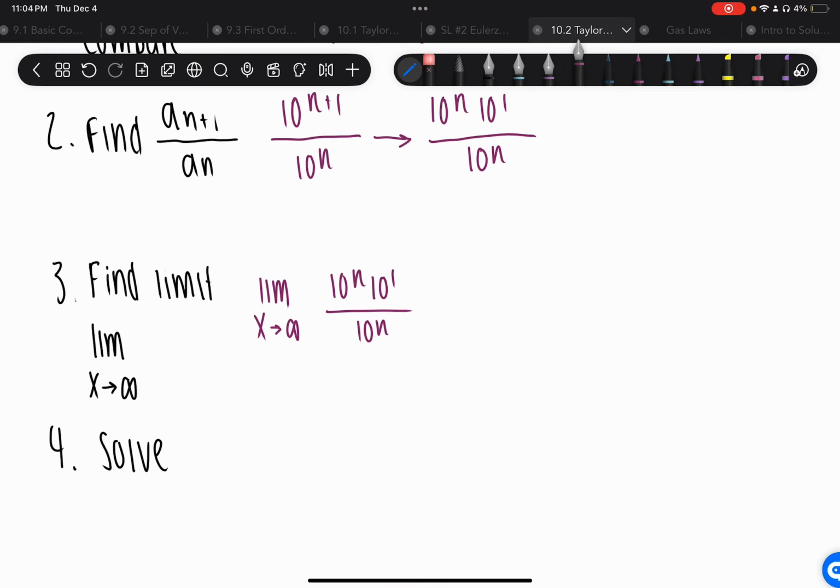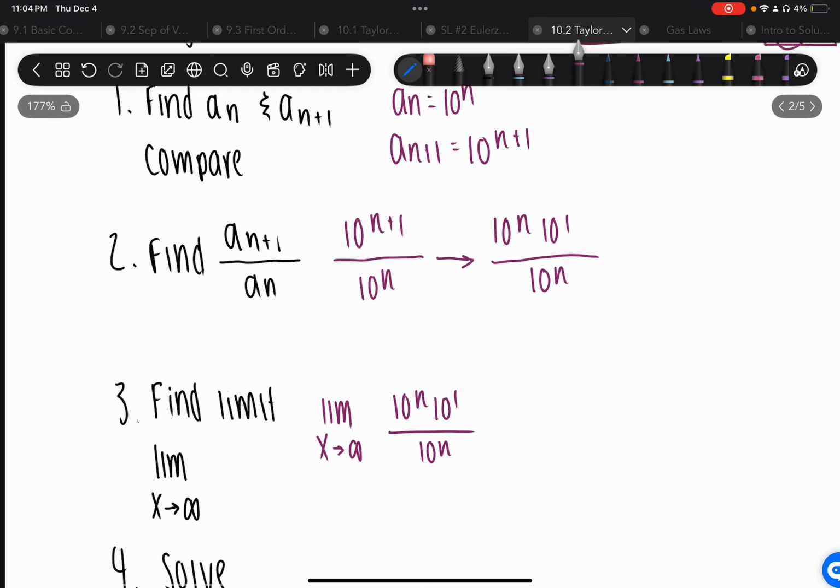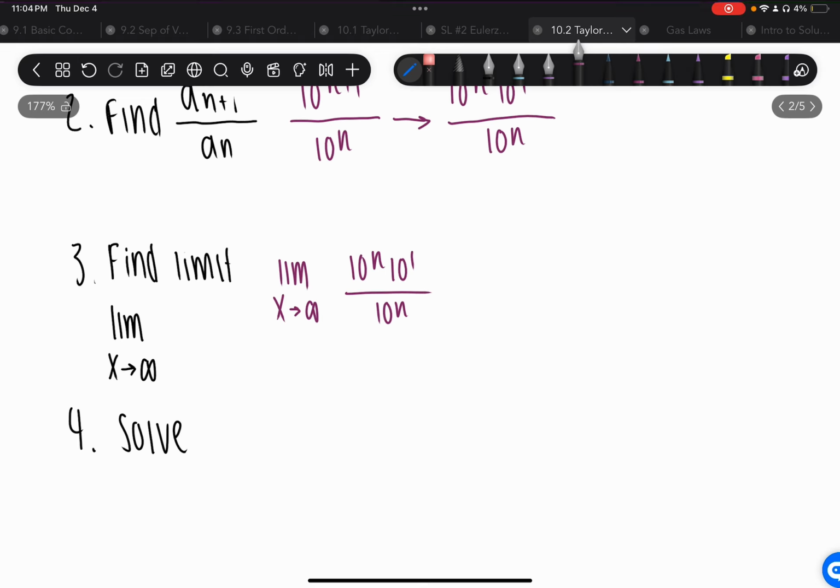It's because now, like when we were finding our limit up here in our example, we can just cancel stuff out. So I see 10 to the power of n in the numerator and denominator, so I can just go ahead and cancel that out. And I would have 10 to the 1 and I would get an answer of 10.